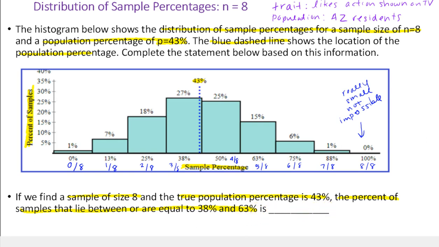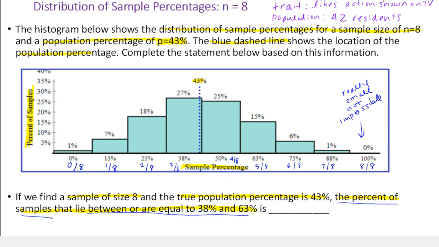So again, watch your terminology. Notice it says the percent of samples. That's what we're trying to find. That's the vertical axis, and we're going to put that value here. And these values that lie between or are equal to, that's the sample percentage.